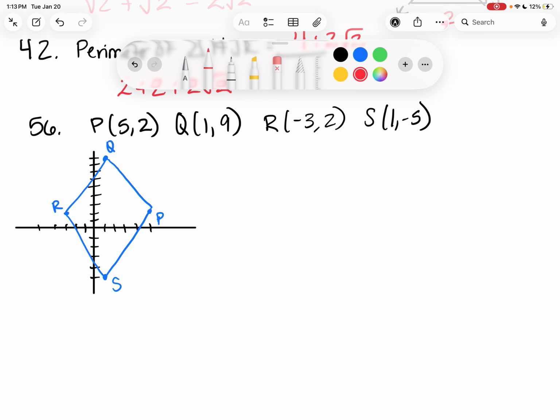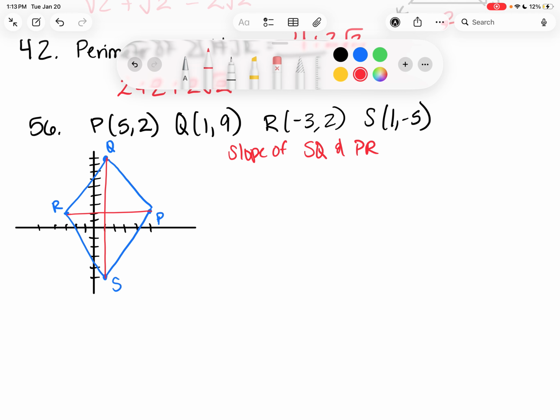So I'm going to look at this one going this way, and this one going this way. So I need to look at the slope of SQ and PR.